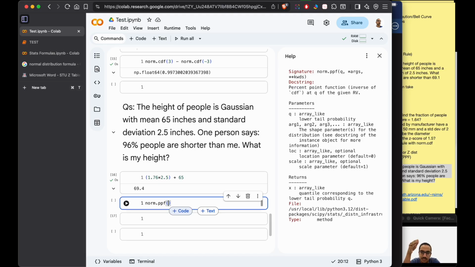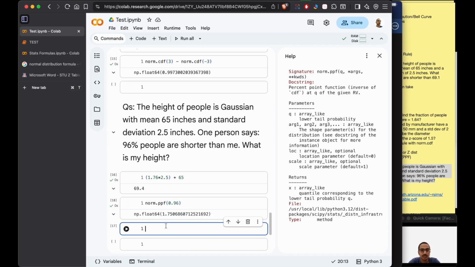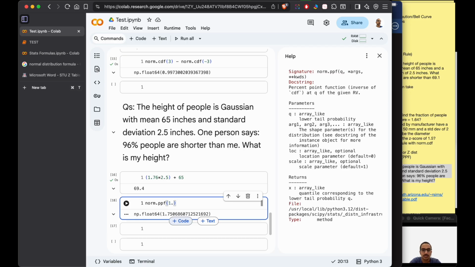We are trying to find the actual value, so we'll have to pass the probability, which is 0.96.